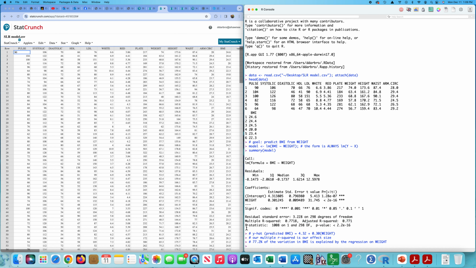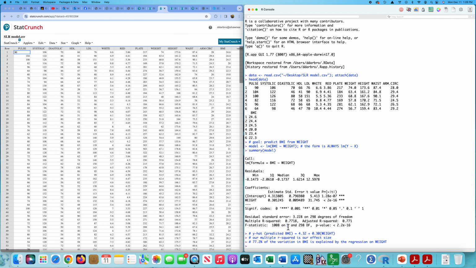Now, when we get down to the F statistic, we get into the model diagnostic. So the model diagnostic is quite redundant here because our model consists of only one predictor. So our model is that line right there. Not telling us anything different. Notice that the p-value is the same.